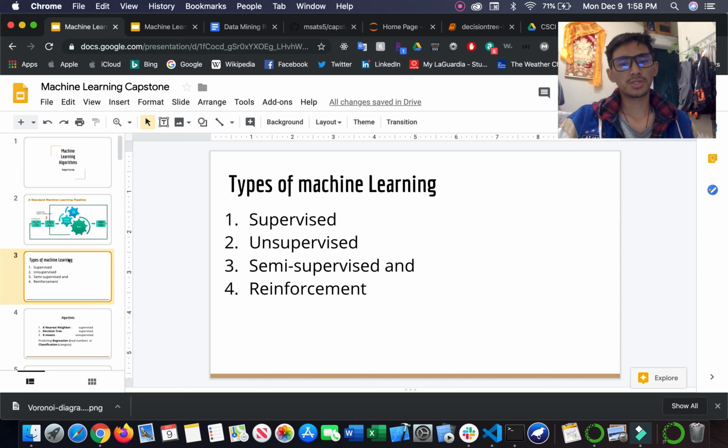Unsupervised is pretty cheap. Semi-supervised is both supervised and unsupervised, but with more unlabeled data. Reinforcement is a type of machine learning where it gets rewarded based on its actions. If it performs the right action, it gets rewarded.